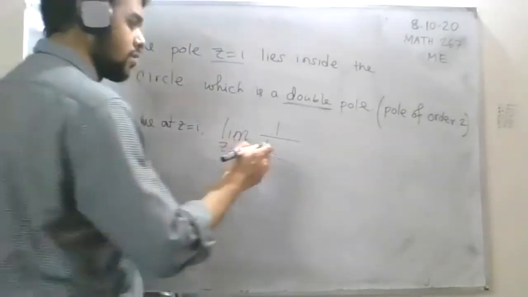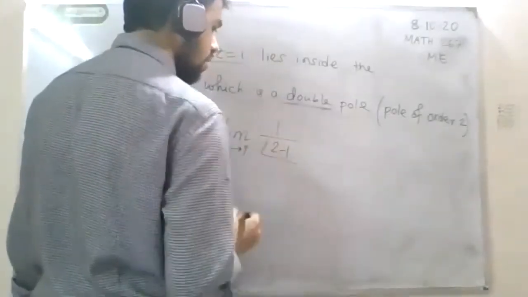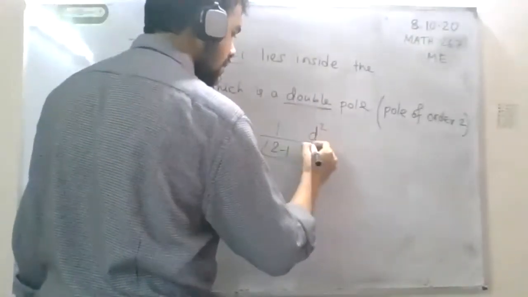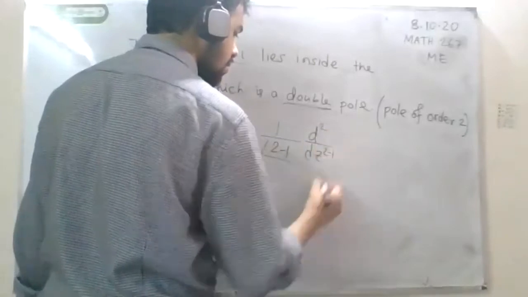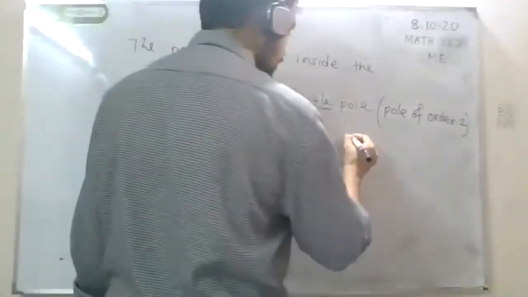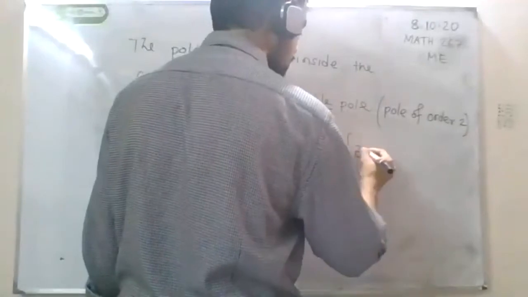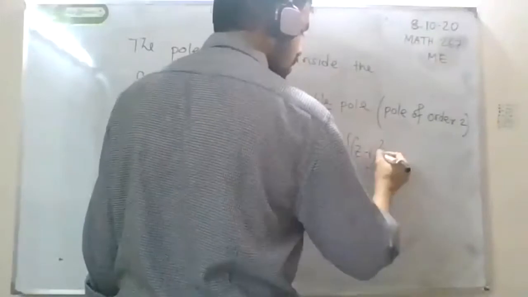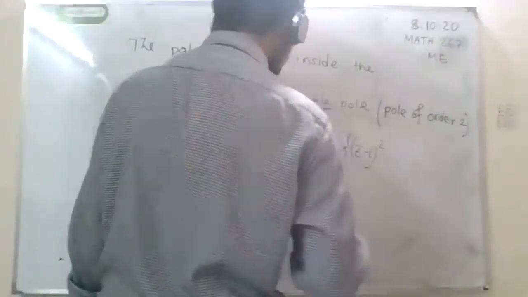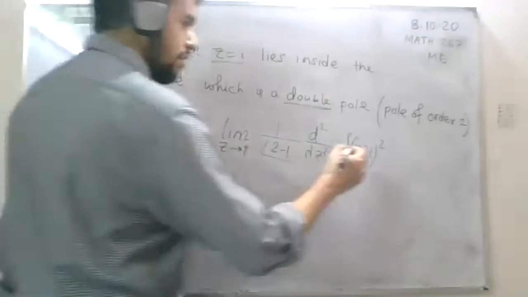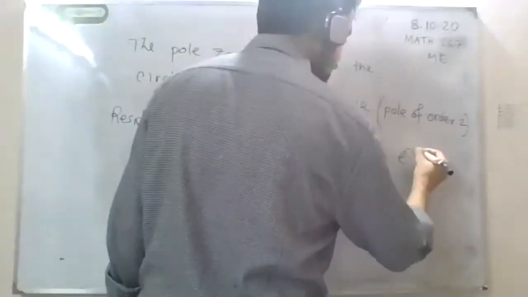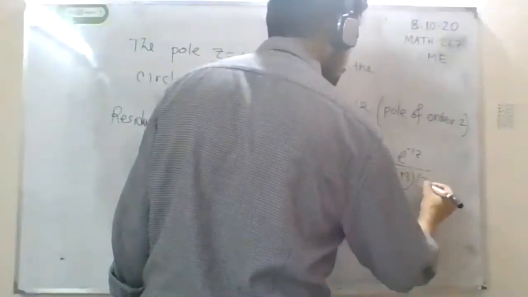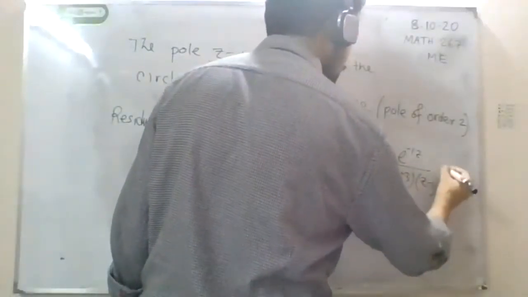So here 2 minus 1, into d to the power m, meaning 2, divided by dz to the power m minus 1, meaning 2 minus 1. And after that, use z minus i to the power m, meaning 2, and also f of z. So here f of z is e to the power minus iz divided by z plus 3 into z minus i whole square.